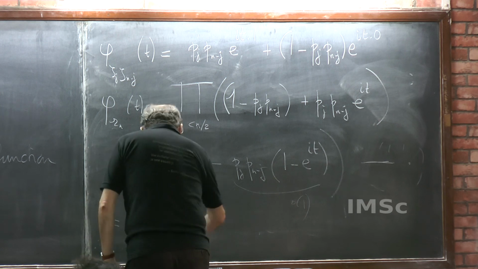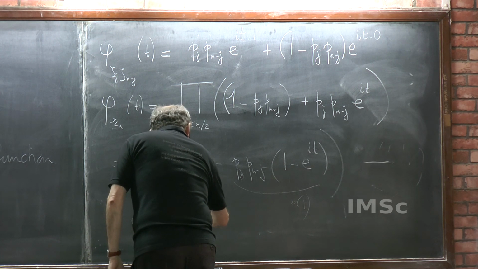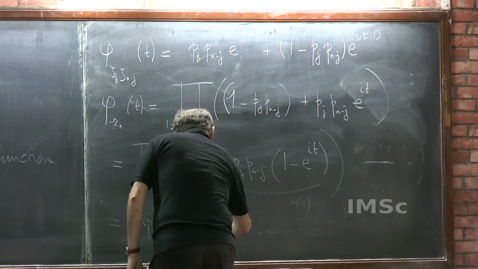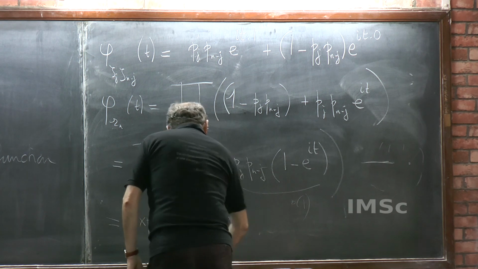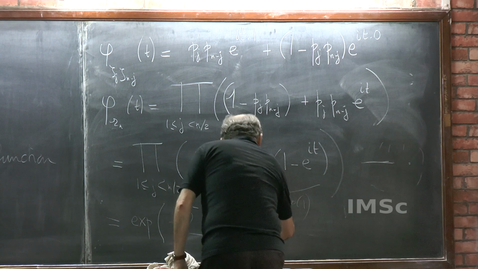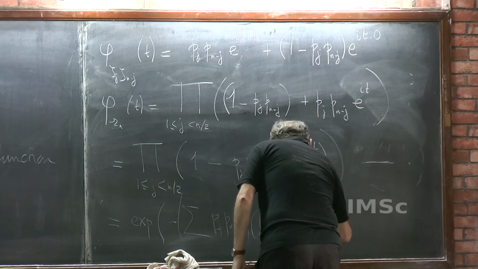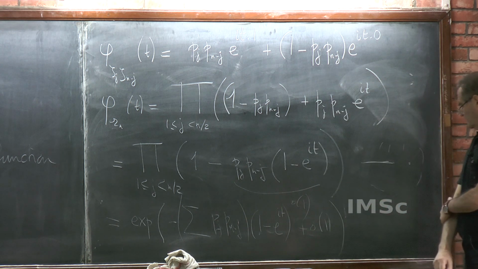So we get the exponential of minus the summation of p_j p_{n-j} times 1 minus e to the it, and then you have a little o of 1, and you are happy.